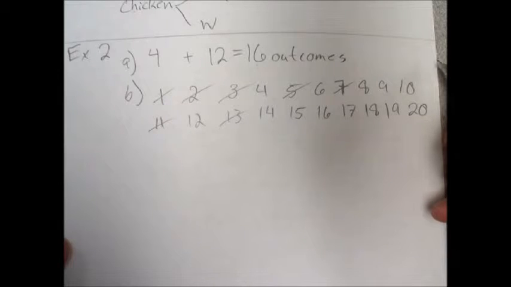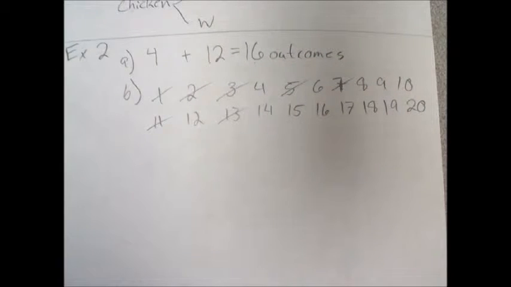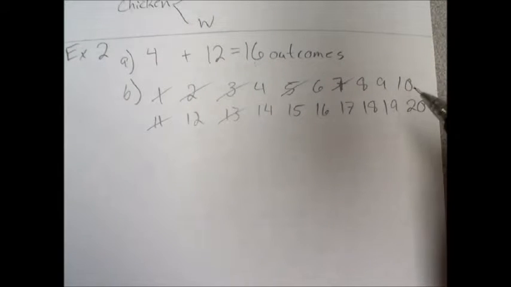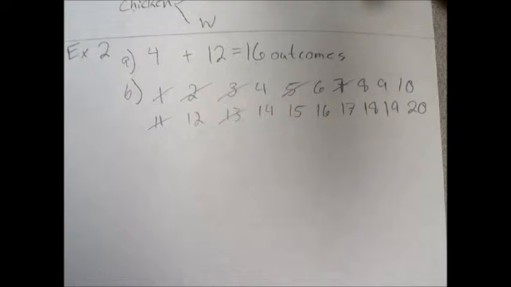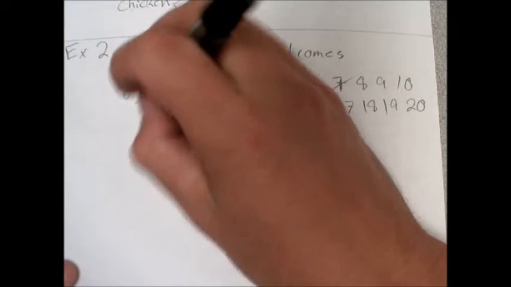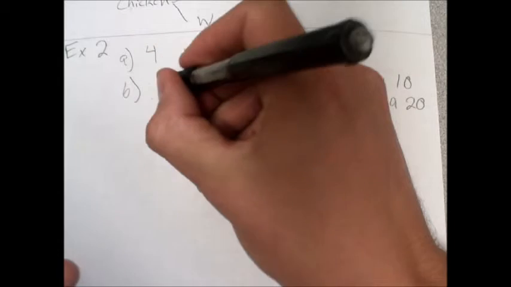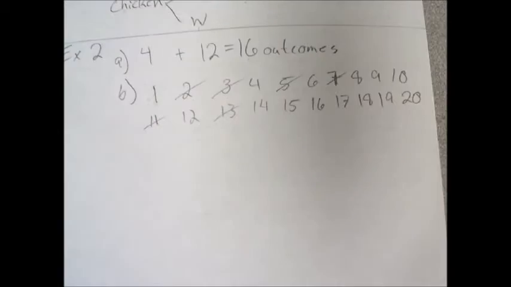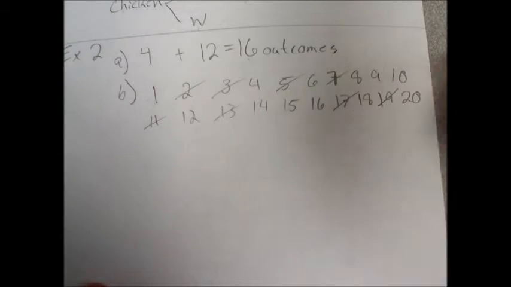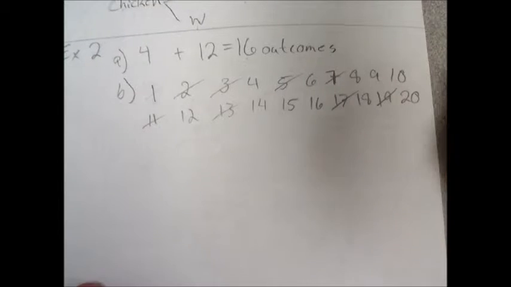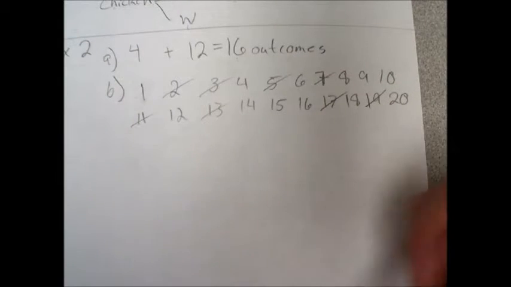Was 1 prime? That's a matter of debate. I will go with you guys on that one, I guess. Okay, 1 is neither prime nor composite. So I'll leave it. All right, we got 19, 17. Anything else? Okay, all the rest of them are even or got something that goes into them, right?